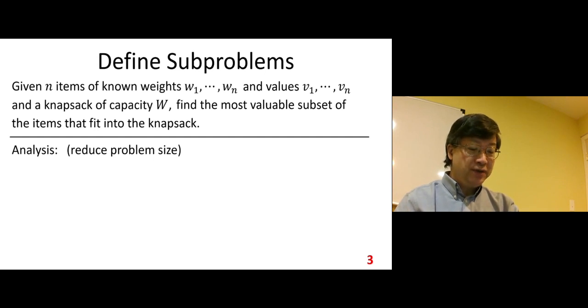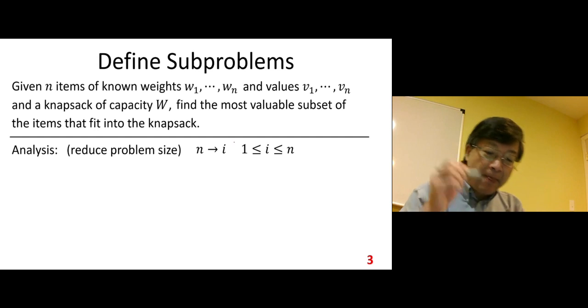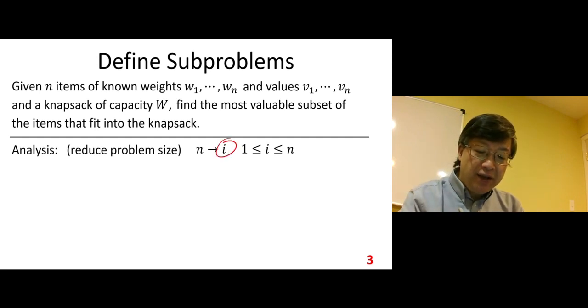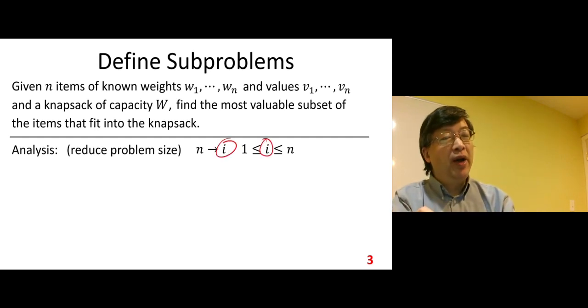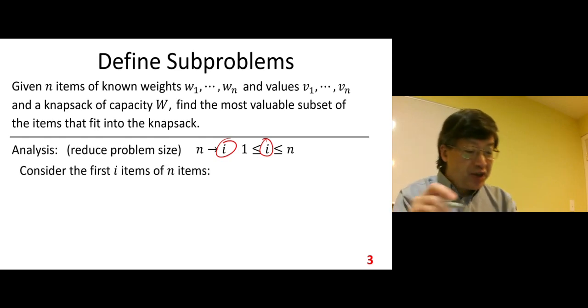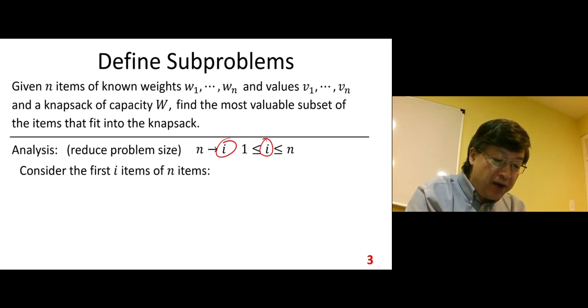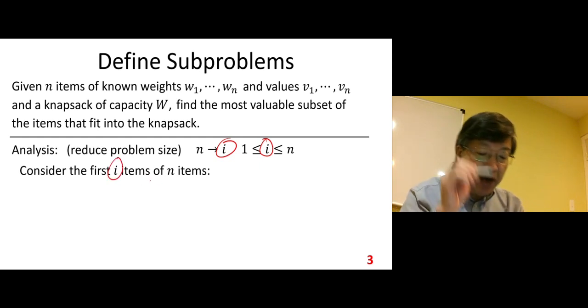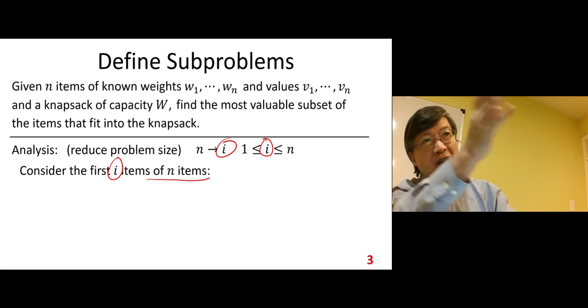The idea is still to reduce problem sizes from n to I, some number between 1 and n. For the general subproblem, we consider the first I items of the n items.